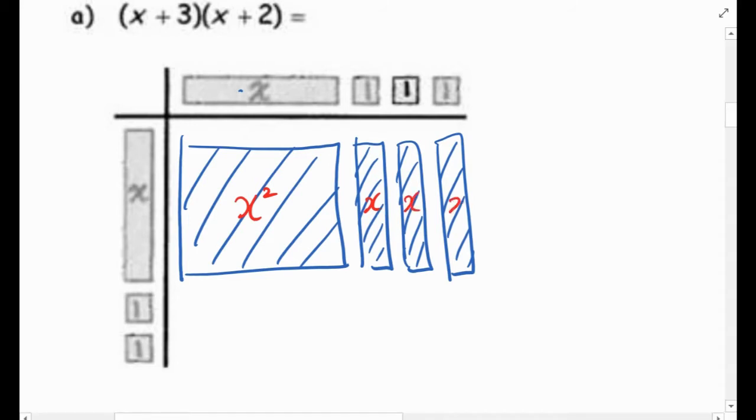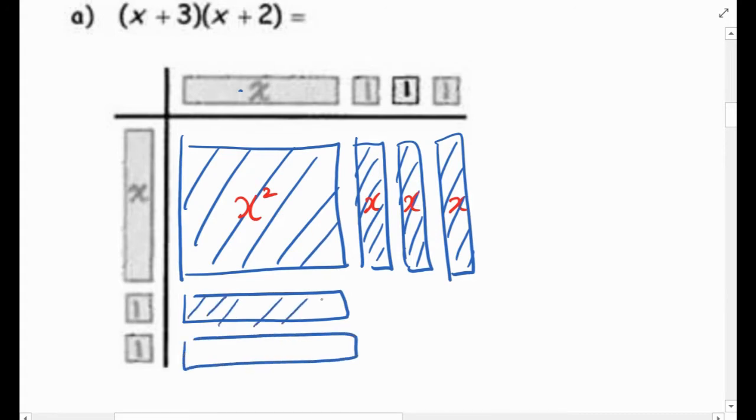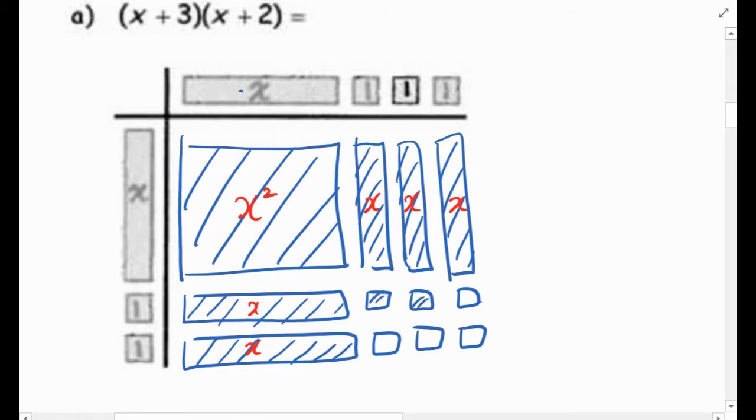I have x tile, x tile. Another x tile, another x tile. So we need to shade it because it becomes positive x, x. And 1 times 1 is integer tiles. It becomes 6 integer tiles. Shaded, shaded.